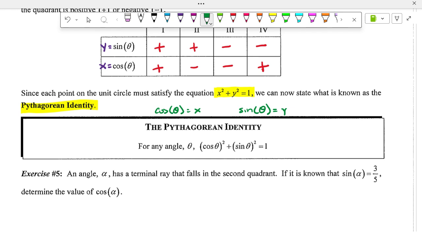So they just replaced x and y with cosine and sine. So for any angle theta, cosine of theta squared plus sine of theta squared is equal to 1. If you square your cosine and you square your sine and you add them together, you get 1.